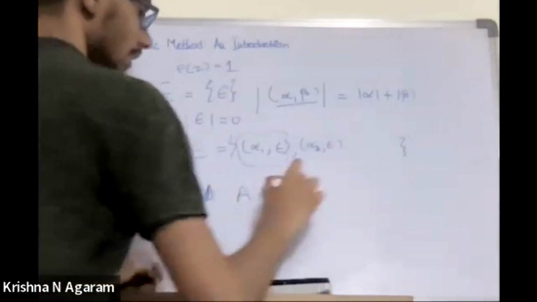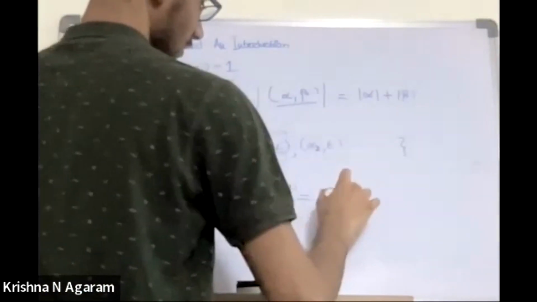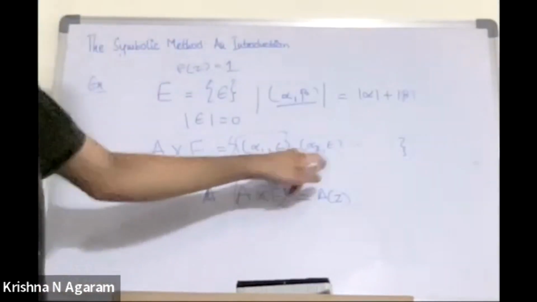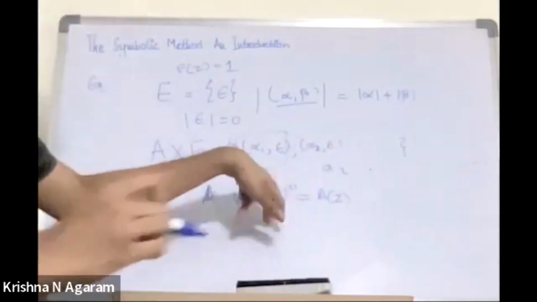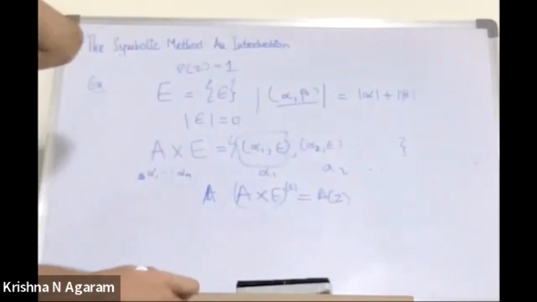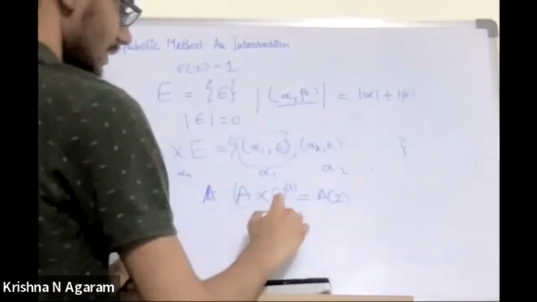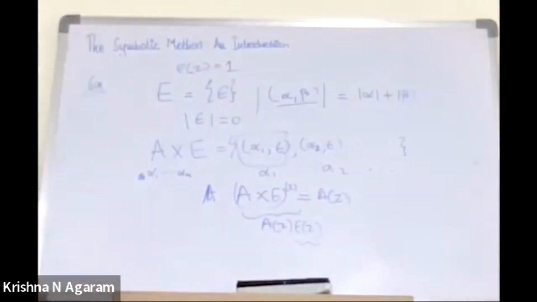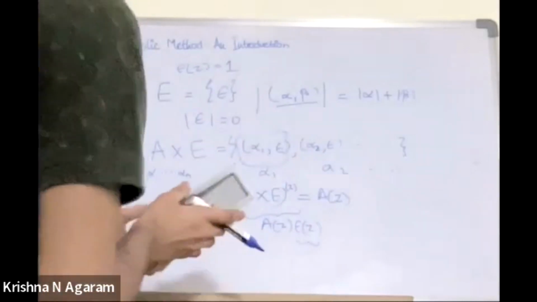So the generating function of A cross E is the same as the generating function of A, because you're not changing the size of the elements. Or you can say this generating function is A(z) times E(z); E(z) is 1, the generating function identity, so it becomes A(z).